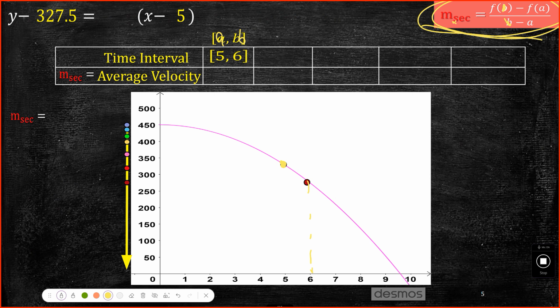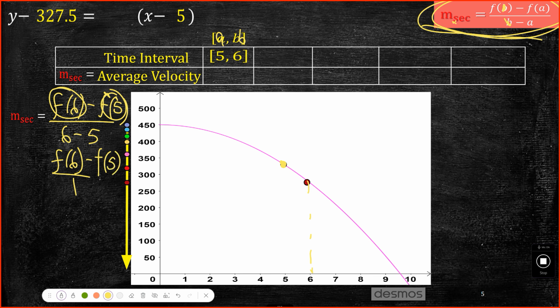So m secant is going to be 6 minus 5, and then we had f of 6 minus f of 5. You should already have all this information. What's f of 6? What's f of 5? 6 minus 5 is 1. Look at your notes.